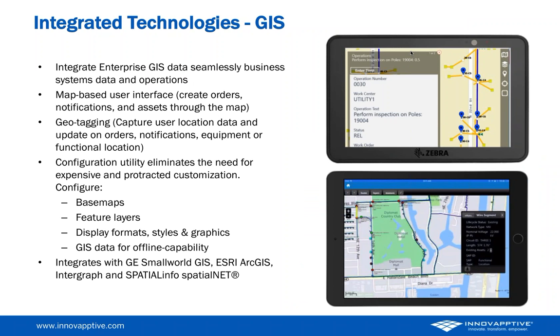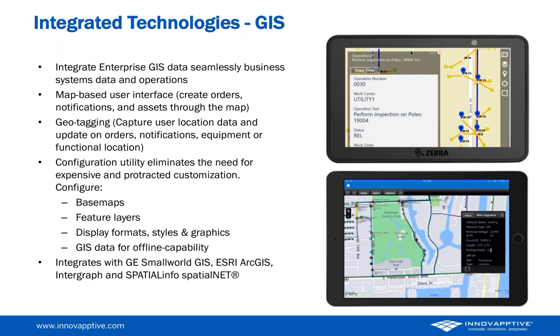And the other side of things is integrated technologies, because EAM is all about connecting to other systems. We saw how we can integrate to the IoT side of things. One of the key investments in most asset-intensive organizations is the GIS.